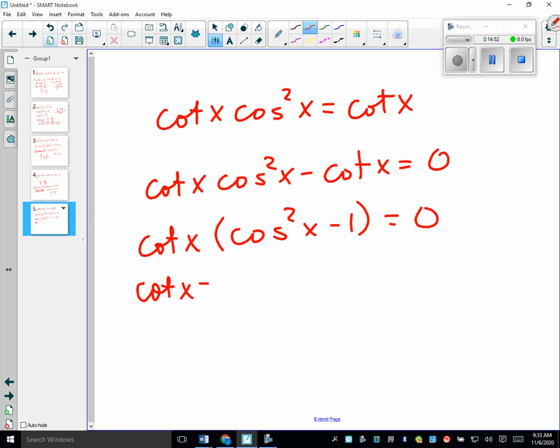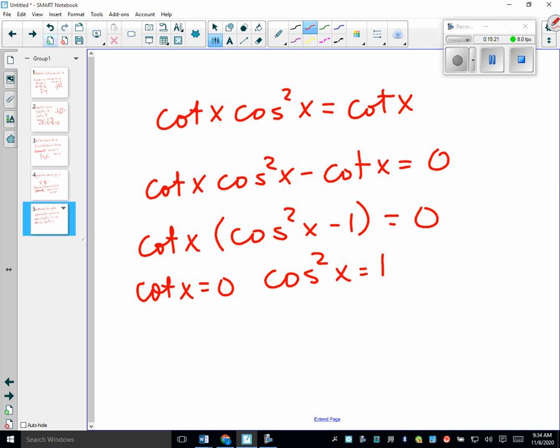Cotangent of x equals 0 and cosine squared x equals 1. You agree? Now, cotangent equals 0. We don't know that graph, so we have to think about it. What letters is cotangent? x over y.